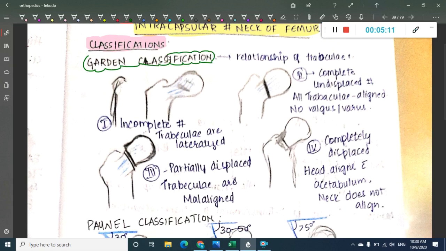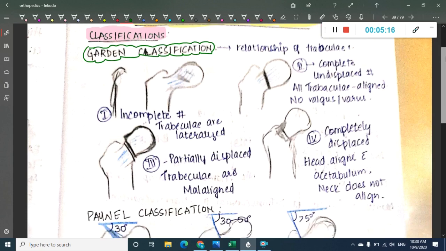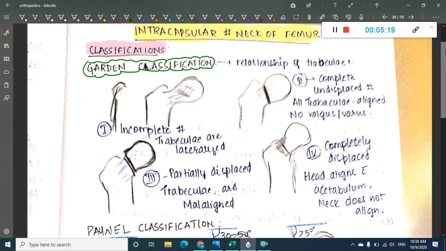In Gardner's classification, the relationship of trabeculae is noted. So we will see what this Gardner's classification is.